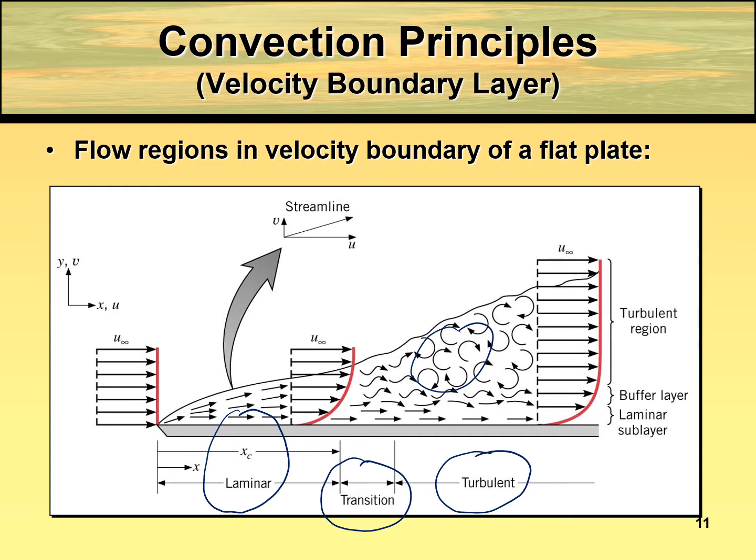This chaotic flow we call the turbulent region. In this turbulent region, the flow is chaotic and the velocity profile is not developed as in the laminar flow region.